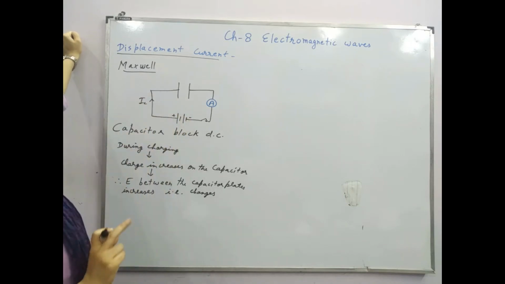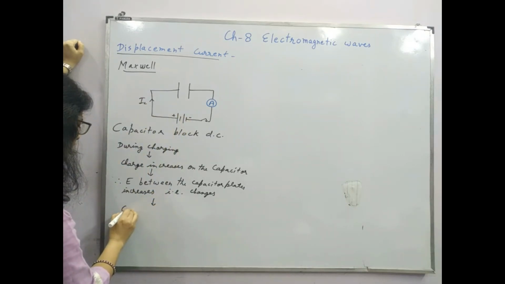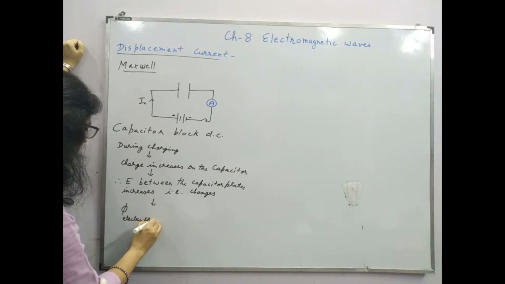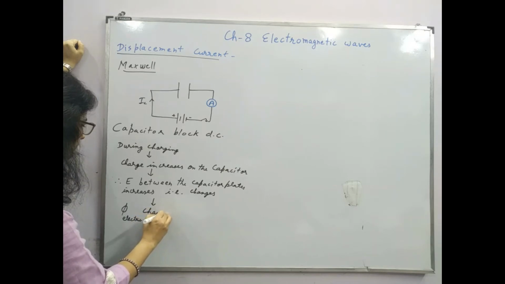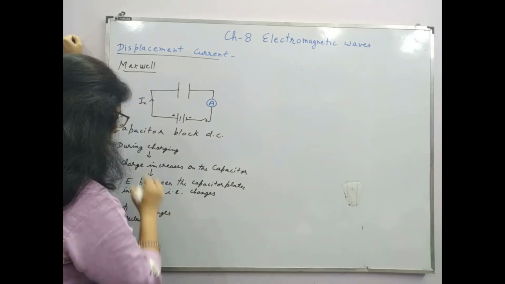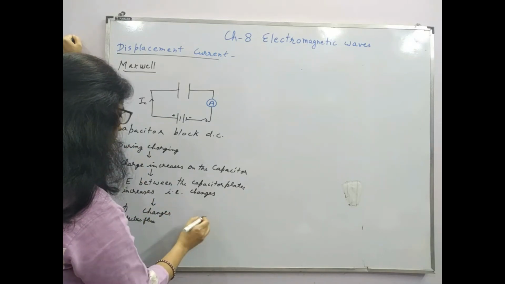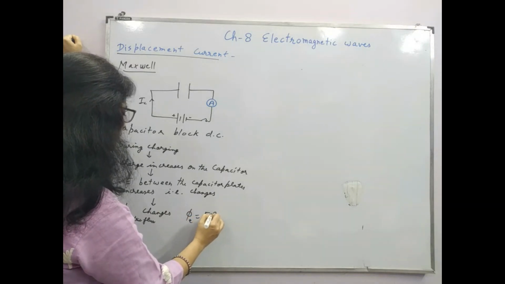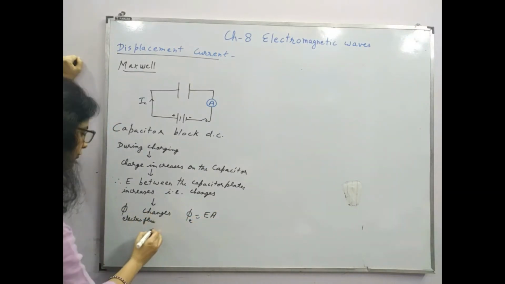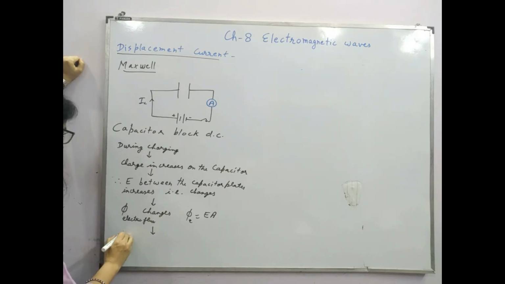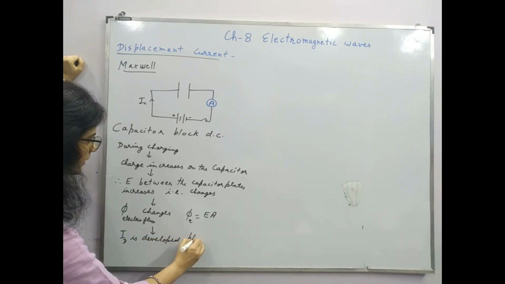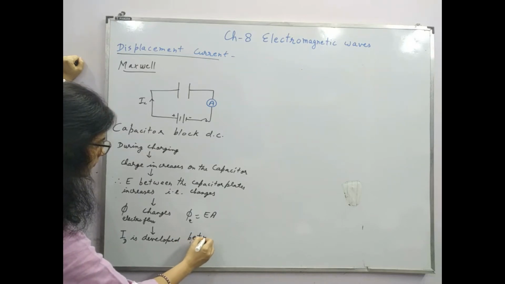And when this electric field changes, you can say that electric flux also changes, and this can be written as, so if there is a change in electric flux, then it is observed that a current is developed between the plates of the capacitor.